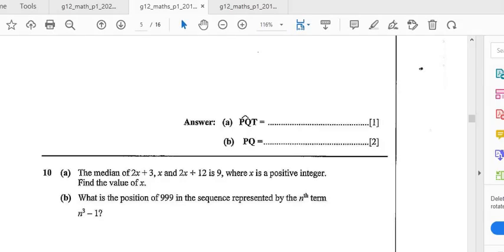The term is 999, and we have an expression for the nth term, which is n to the power 3 minus 1. That is the formula for the nth term, and we want to understand the position of this particular term.